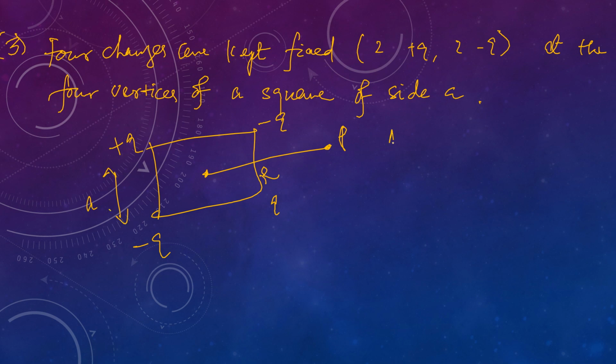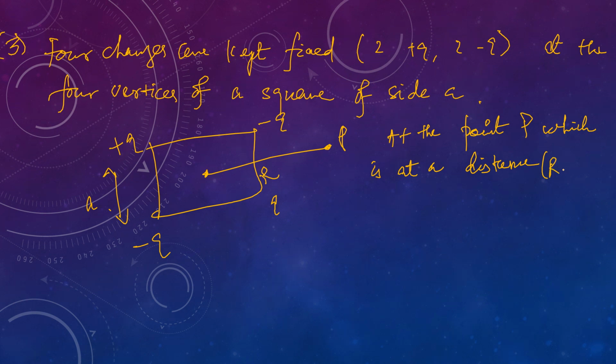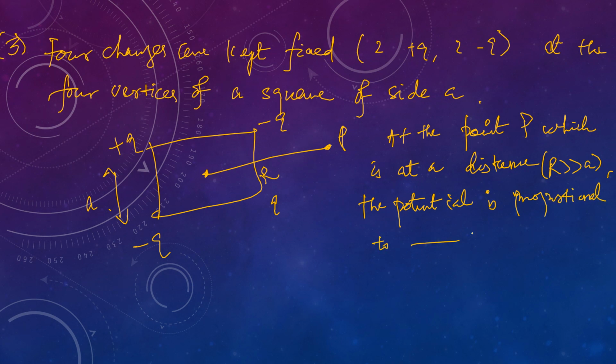At the point P, which is at a distance r very very greater than a, the potential is proportional to what?